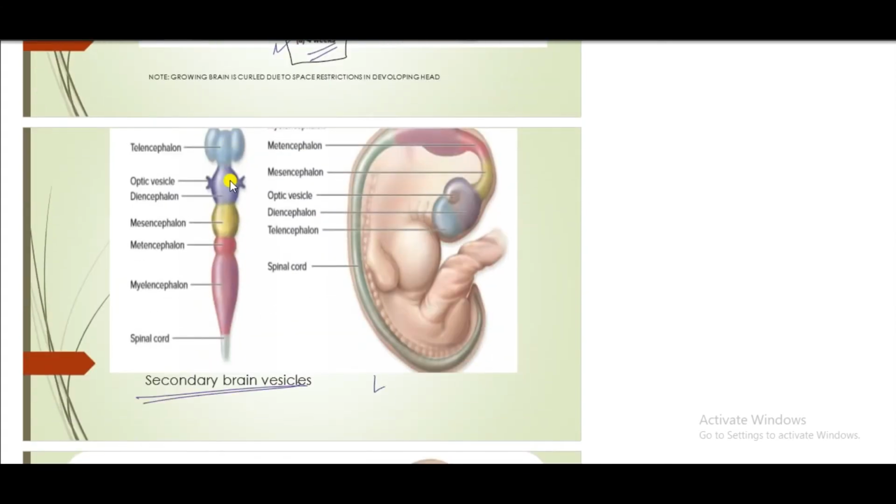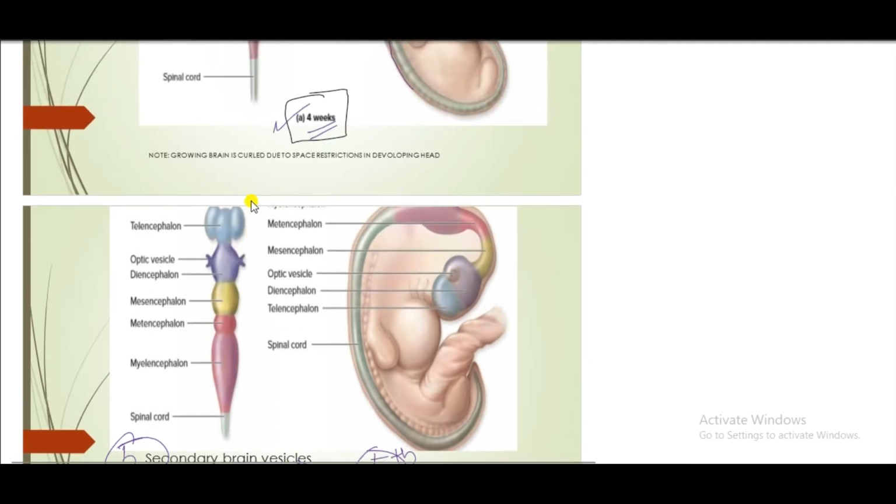If you take the secondary brain vesicles in the fifth week, five secondary brain vesicles in the fifth week, so it's not hard to remember. I will draw here. This is your prosencephalon, and this is going to be your mesencephalon, and finally the rhombencephalon.